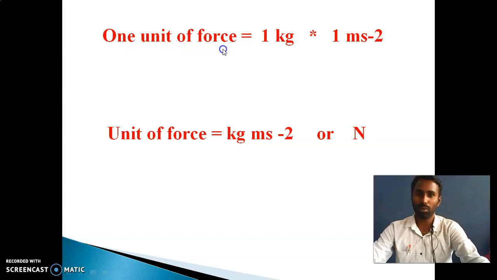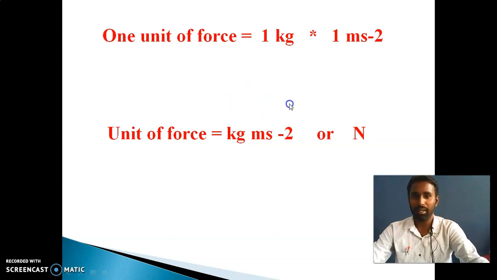1 unit of force means 1 kilogram of mass and 1 meter per second squared. If we produce 1 Newton of force on 1 kilogram mass with an acceleration of 1 meter per second power minus 2, that is called 1 unit of force.